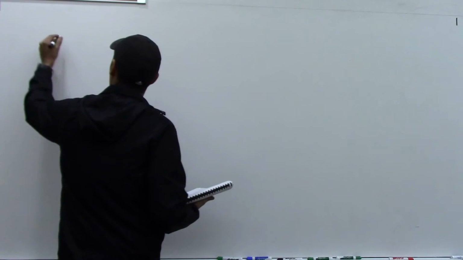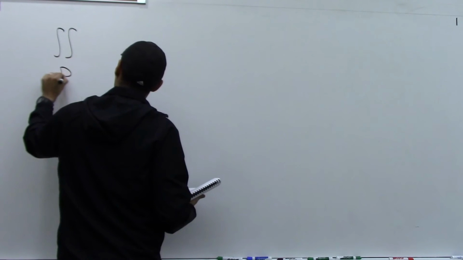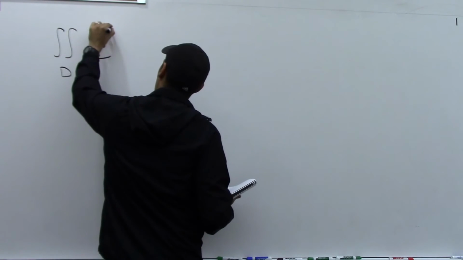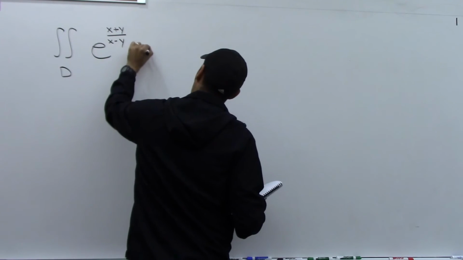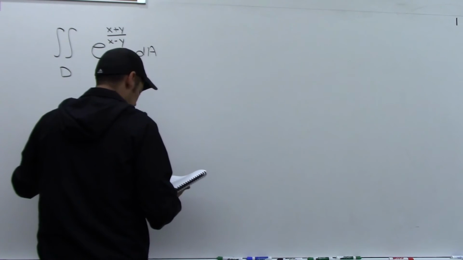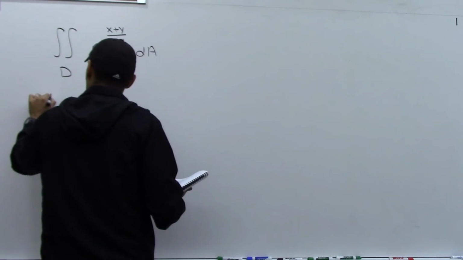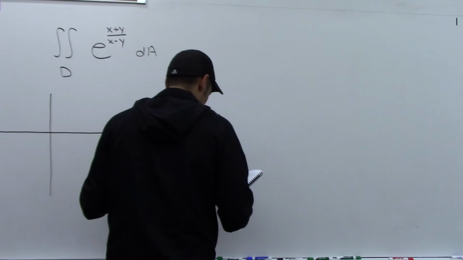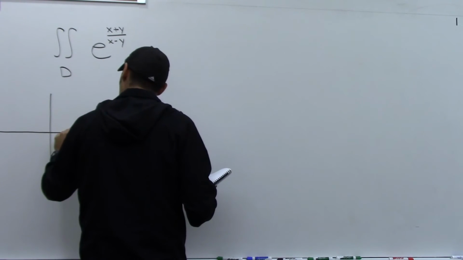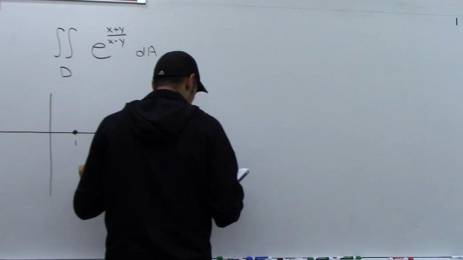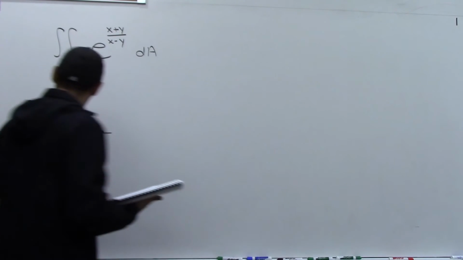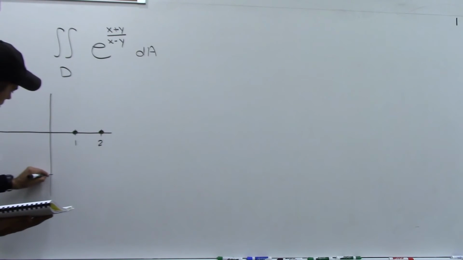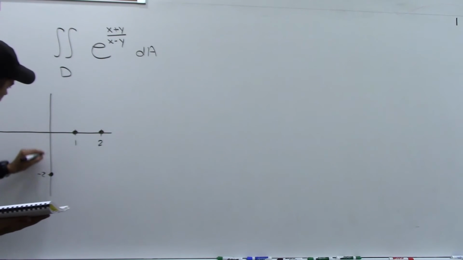Okay, so I'm going to do another one here. Let's do the double integral over D of e to the x plus y over x minus y with respect to area, where D is this trapezoid given to you with these points as vertices. 1, 0, 2, 0, 0, -2, and 0, -1.